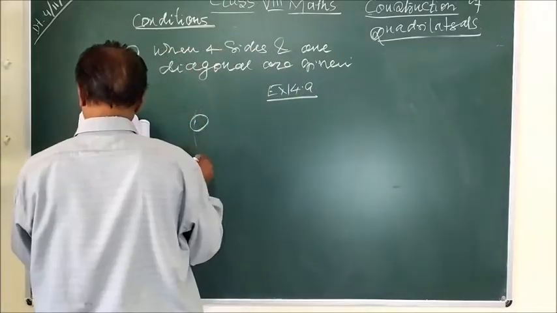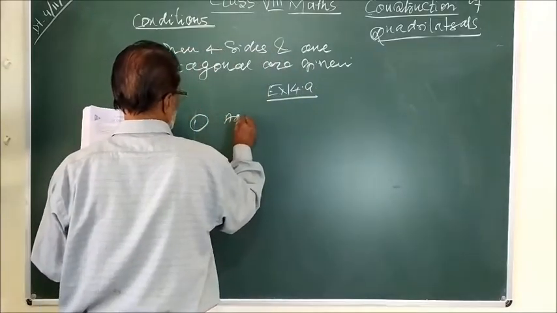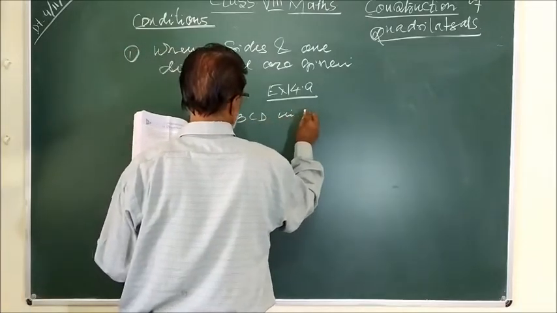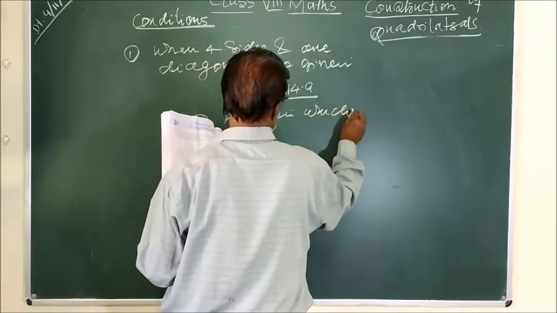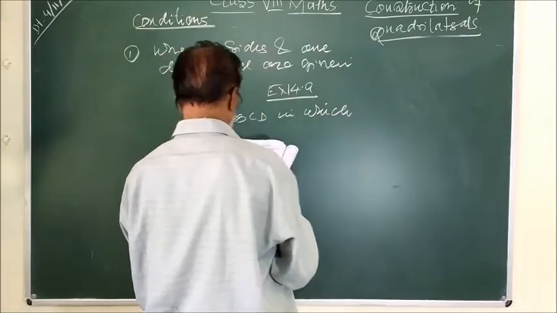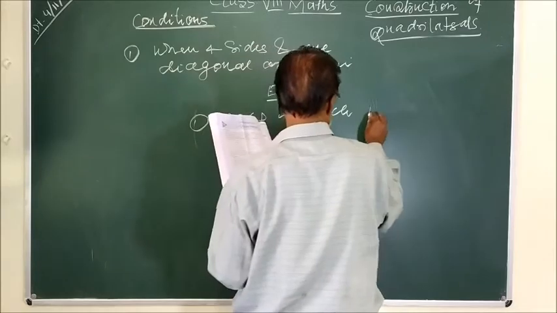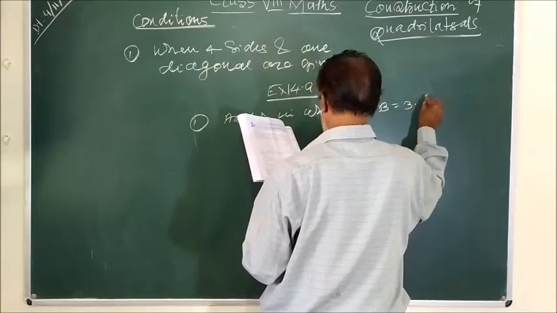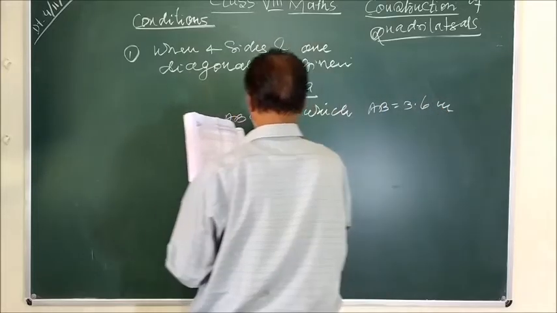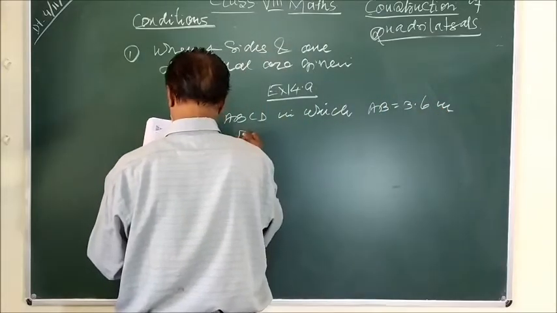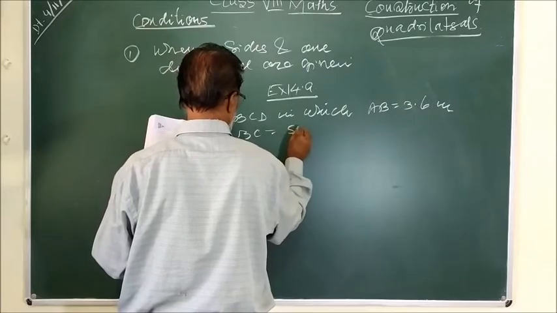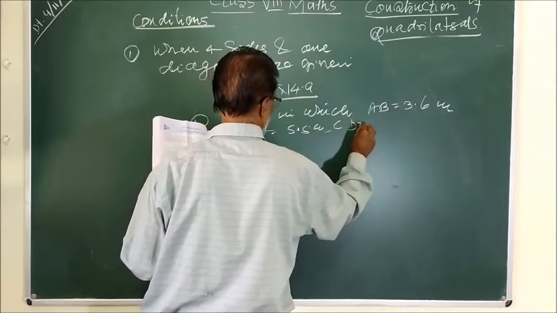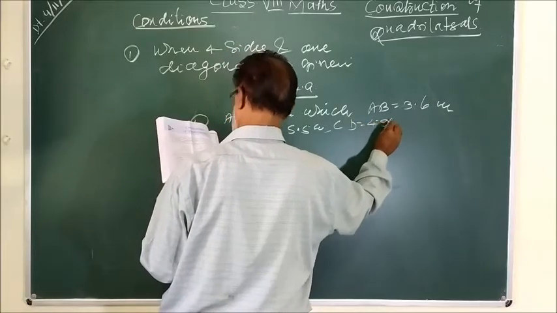Question number 1: you have to draw quadrilateral ABCD in which these are the conditions. AB is equal to 3.6 cm and BC 5.5 cm and CD 4.9 cm.